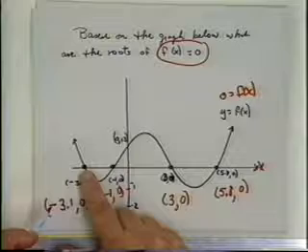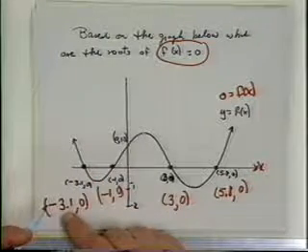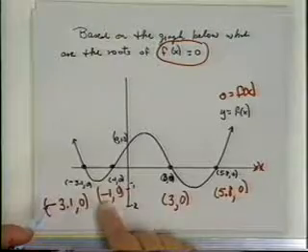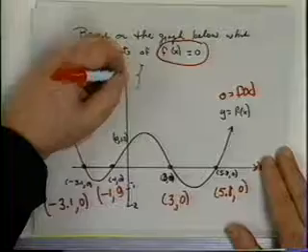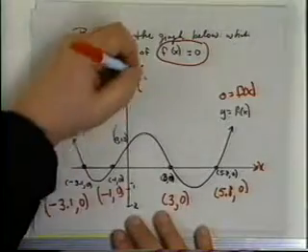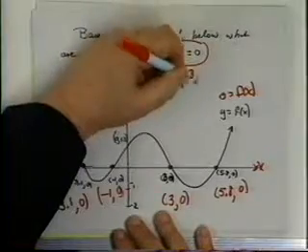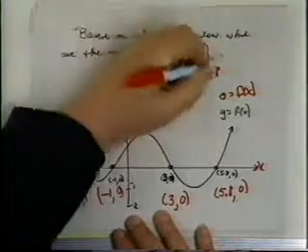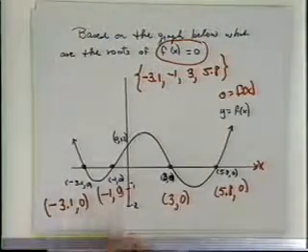Where does this curve cross the x-axis? It crosses when x is negative 3.1, when x is negative 1, when x is 3, and when x is 5.8. So the solutions of this equation, based on the graph, are negative 3.1, negative 1, 3, and 5.8.